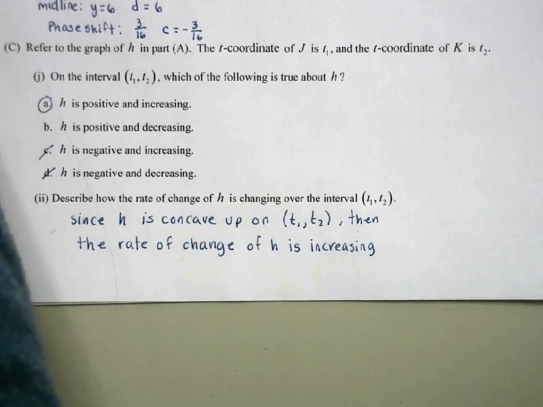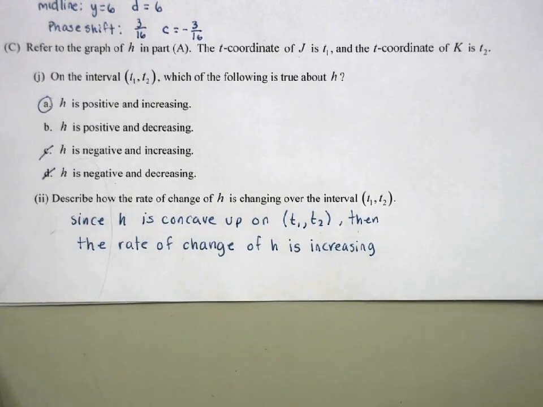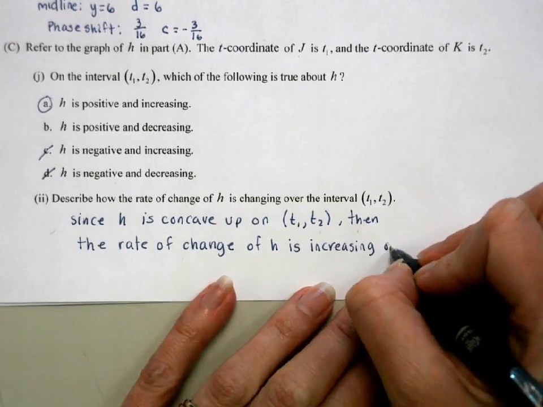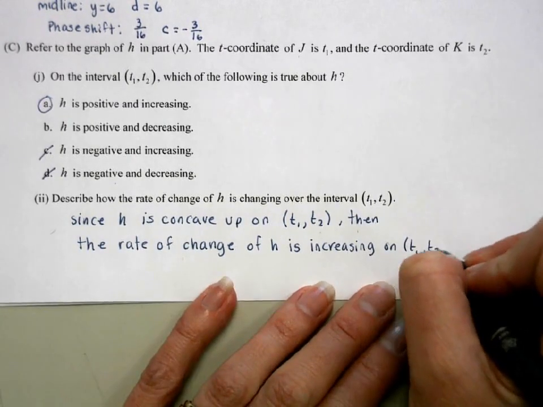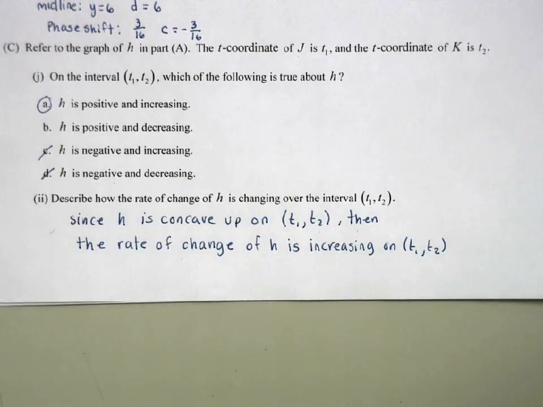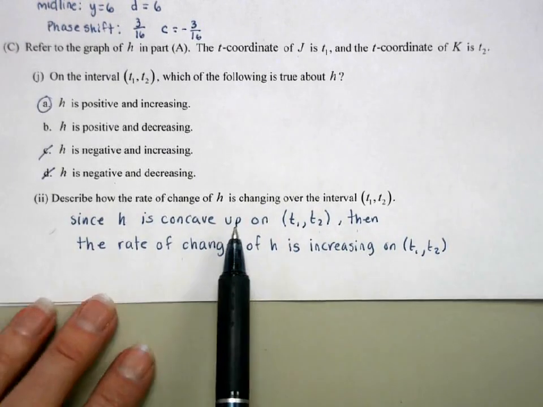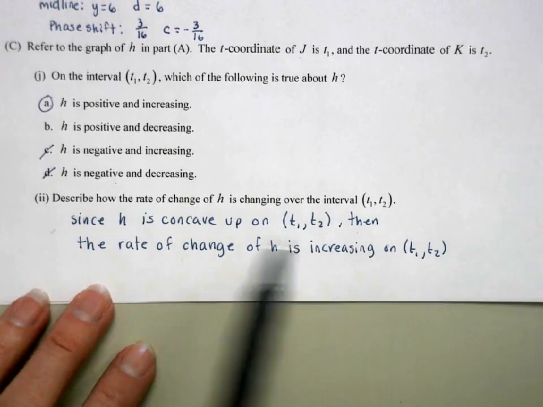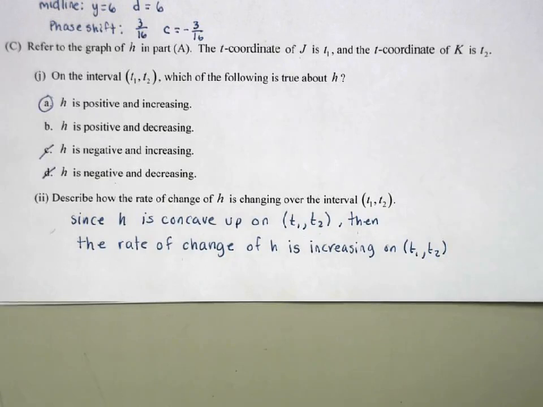And it might be increasing on T1, T2. Be real specific. Okay. The only thing that would change is if the graph was concave down, this would be decreasing, but we're going to use that same terminology. So this was topic 3.7 on how we can use sinusoidal models to model real-life situations.